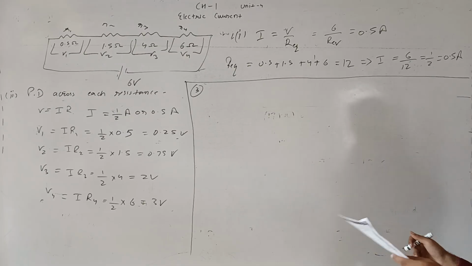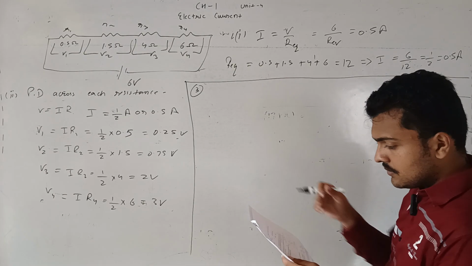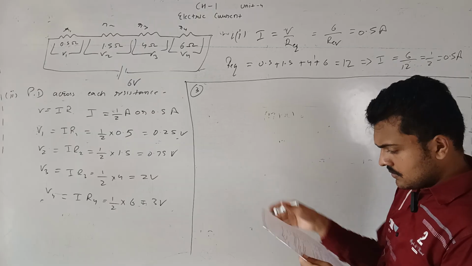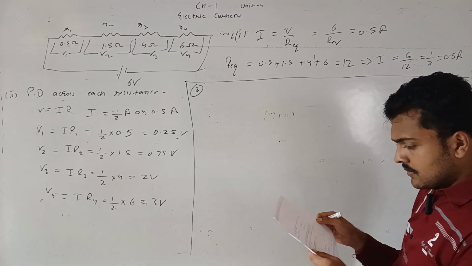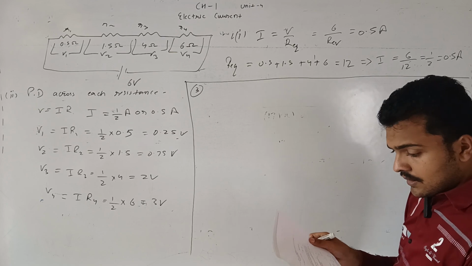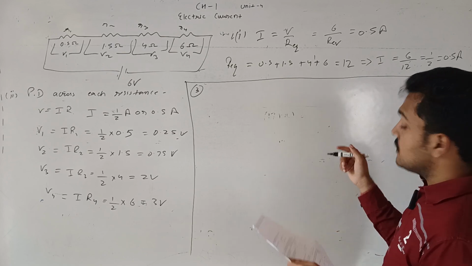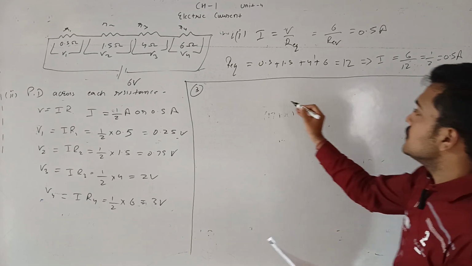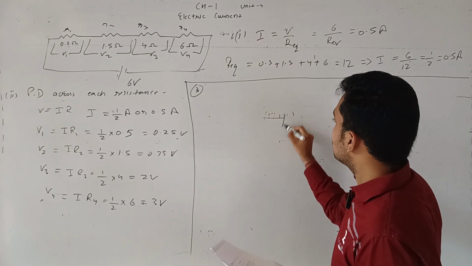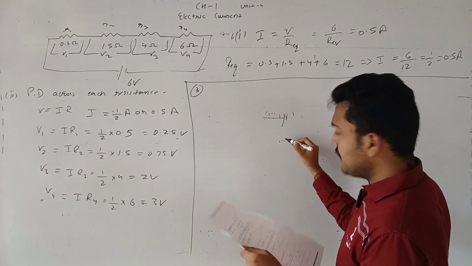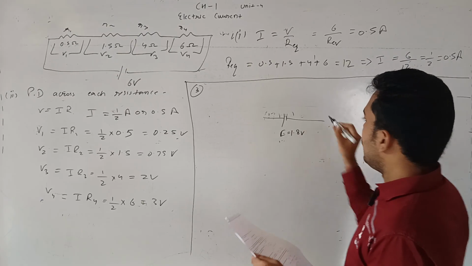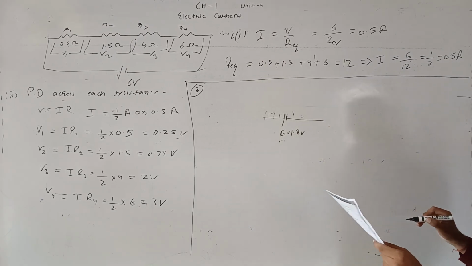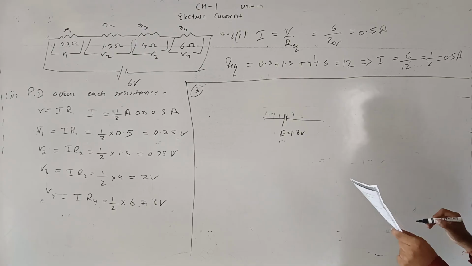So, a cell of EMF 1.8 volt is connected in series with an external resistance of 2 ohm.